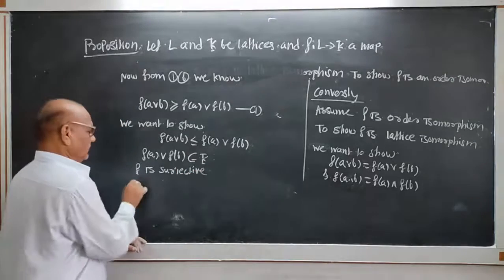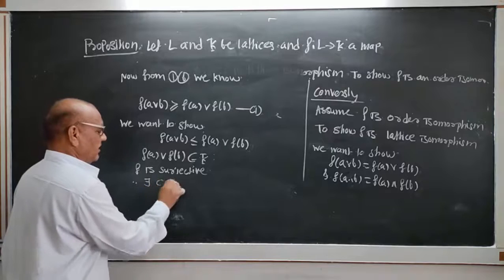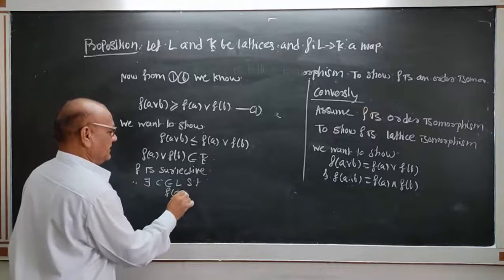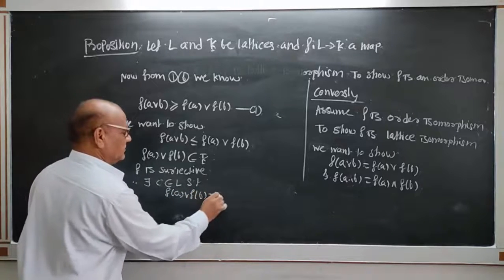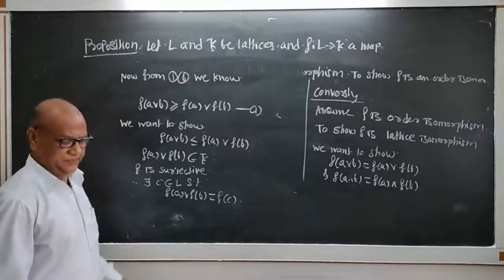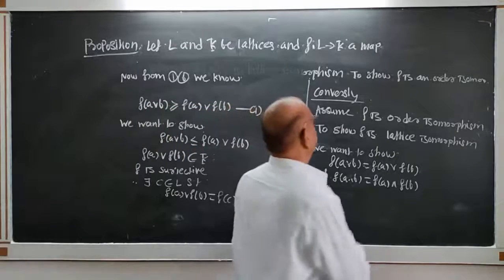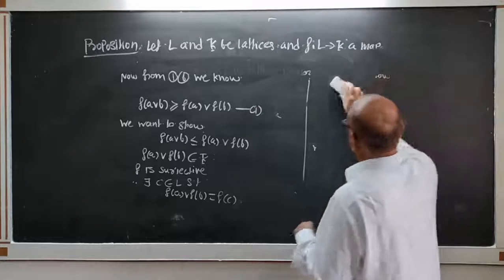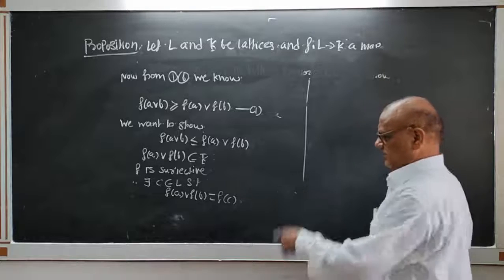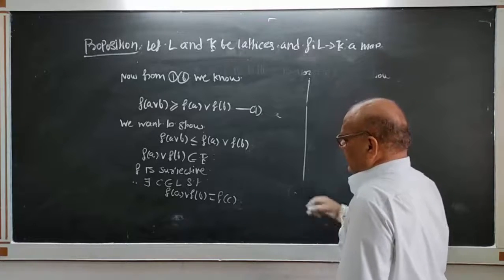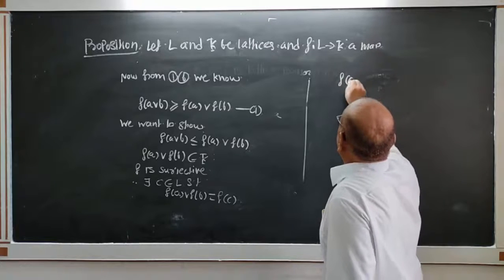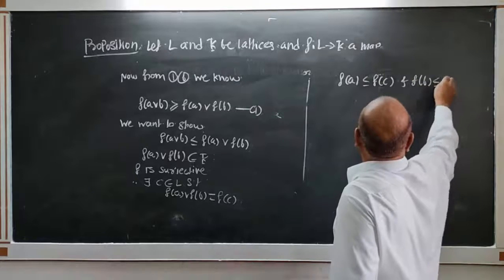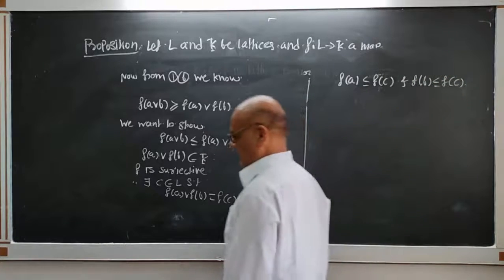Therefore, there exists c belonging to L such that f(a) join f(b) is equal to f(c), and this gives f(a) related to f(c) and f(b) related to f(c).